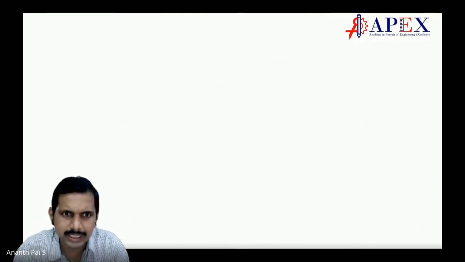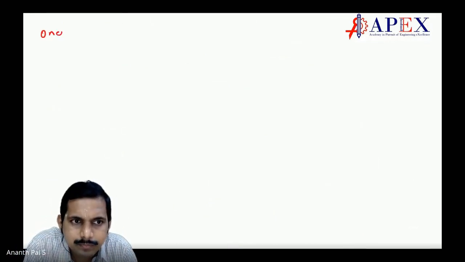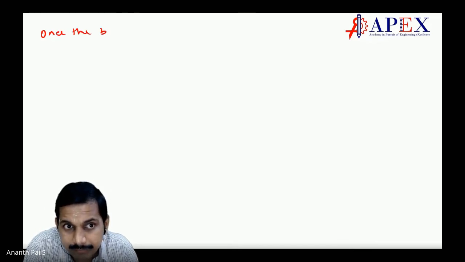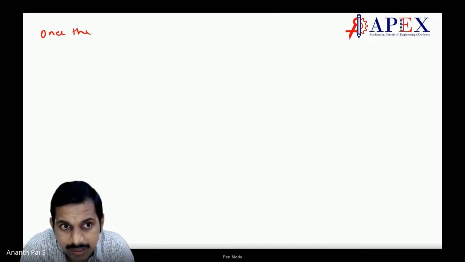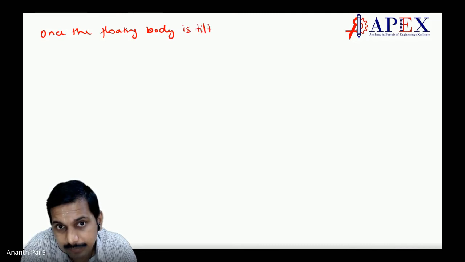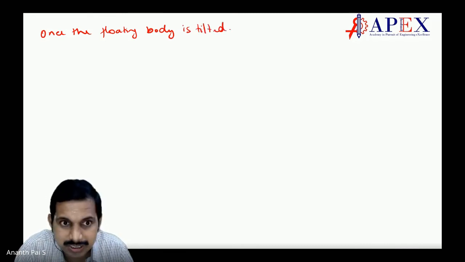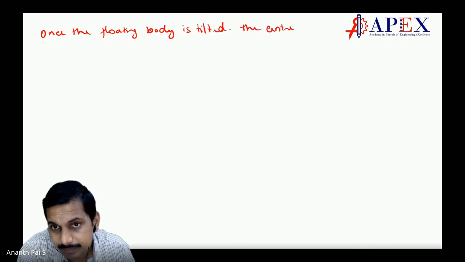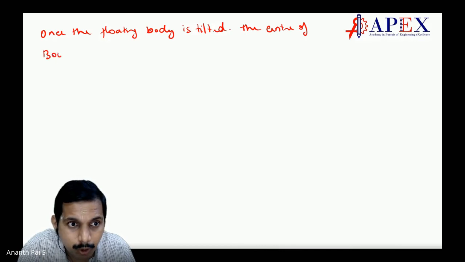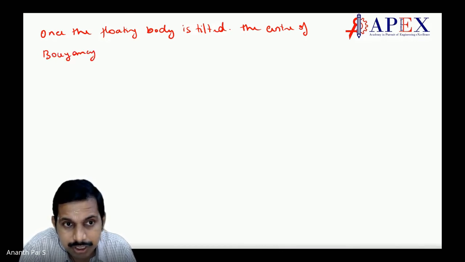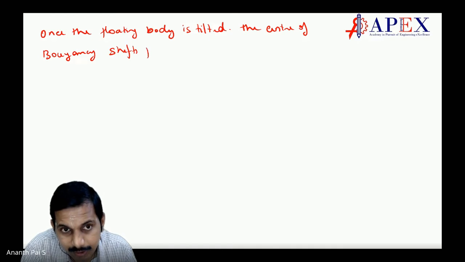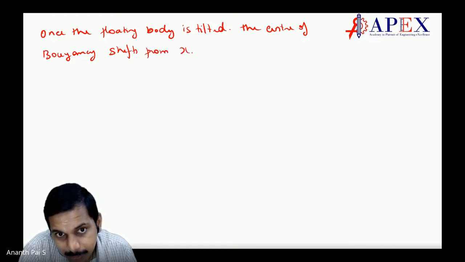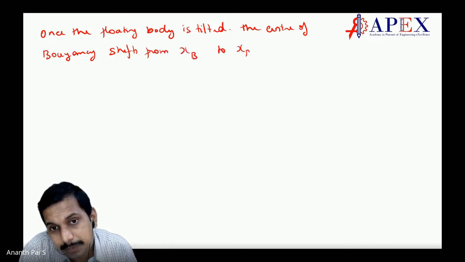Now, because of the tilt, once the floating body is tilted, the center of buoyancy shifts from x_b to x_b dash.